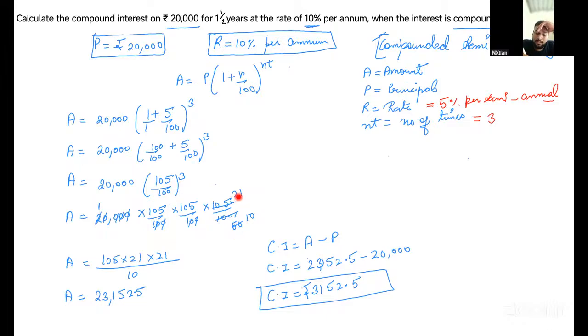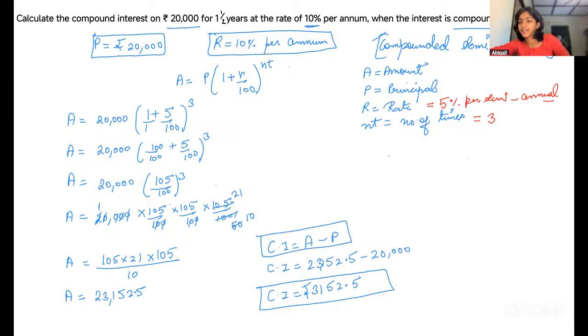Then what I cut with 105 and 50. So 5 21s are 105 and 5 10s are 50. So 105 into 105 into 21. So when you will multiply and divide by 10, you will get answer as that. So you have to subtract it to get the compound. Okay, sir, I got it.